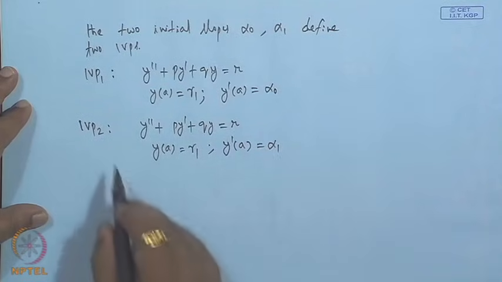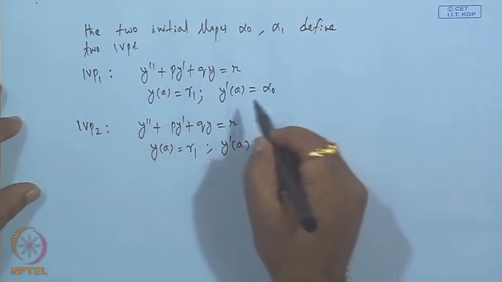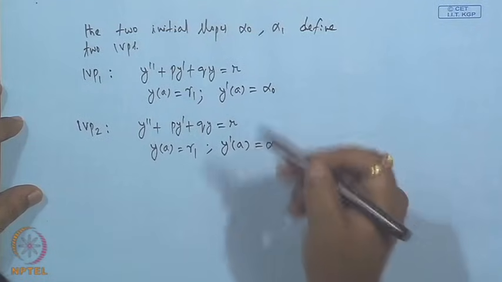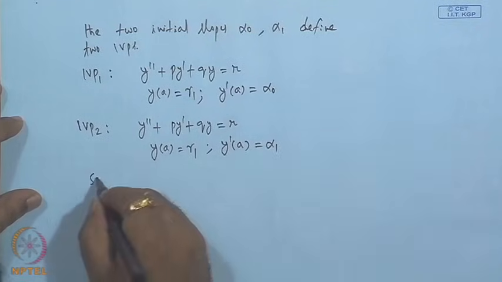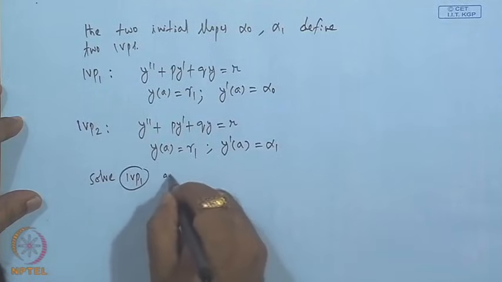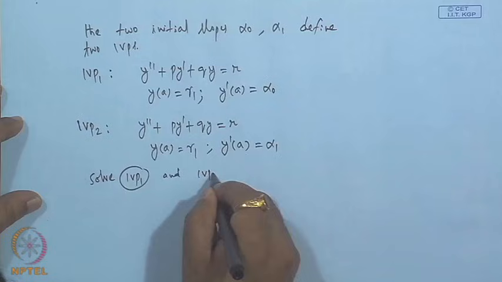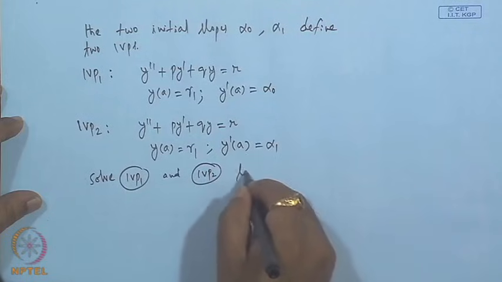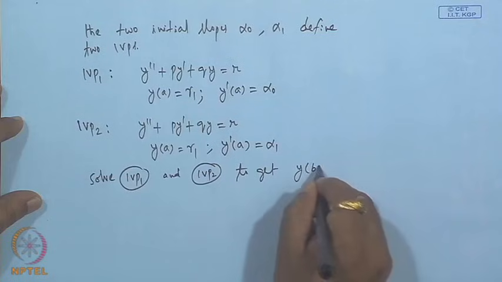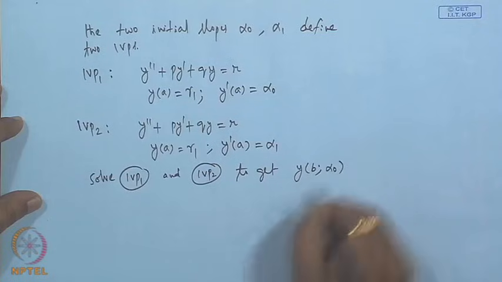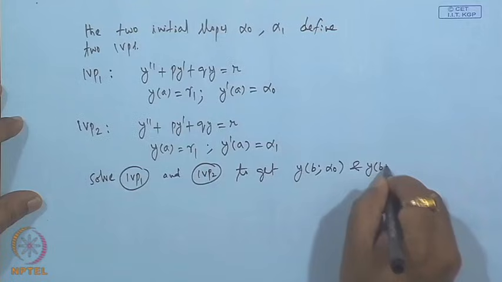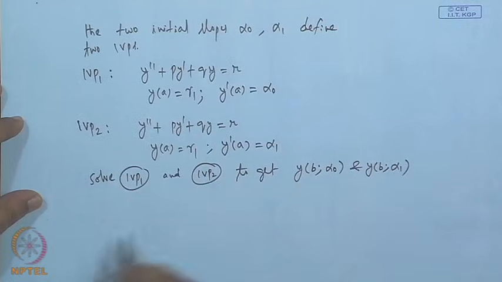Okay. So, we have two different IVPs. Then what do we do? Solve IVP 1 and IVP 2 to get y at b using alpha 0 and y at b using alpha 1.